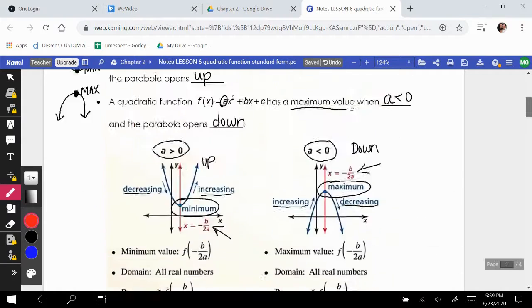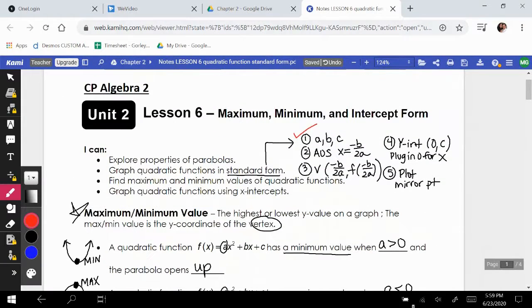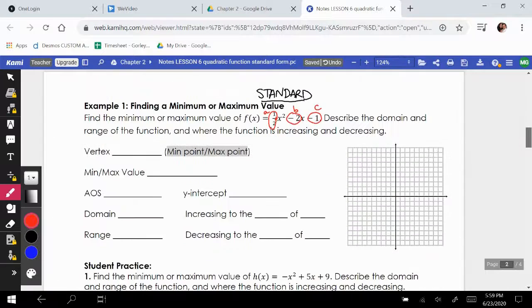The next thing I want to do is determine my axis of symmetry. I use x equals negative b over 2a for that. So the axis of symmetry is x equals negative b over 2a. What is the opposite of the b value?